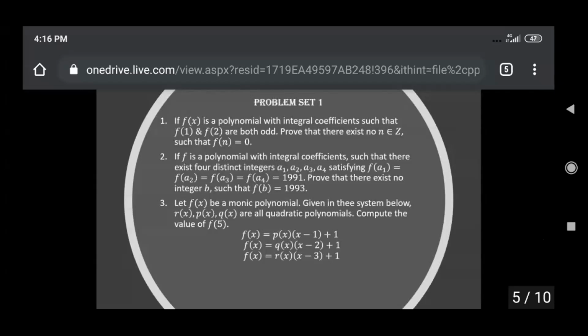By the factor theorem, we can tell that x minus n divides f of x, and then we will put the value of x as 1 and put in the equations, and we can get how the factors are correlated to each other.